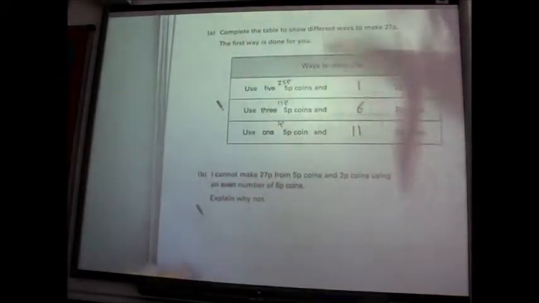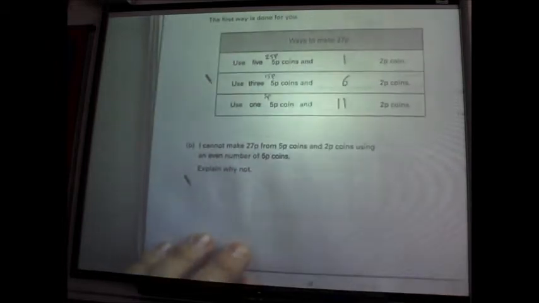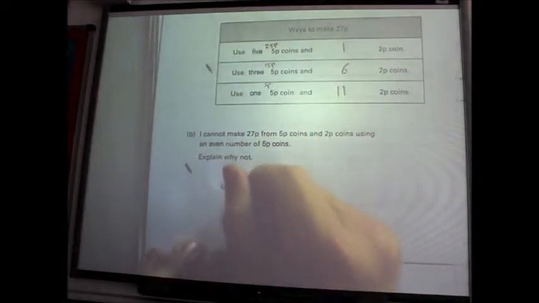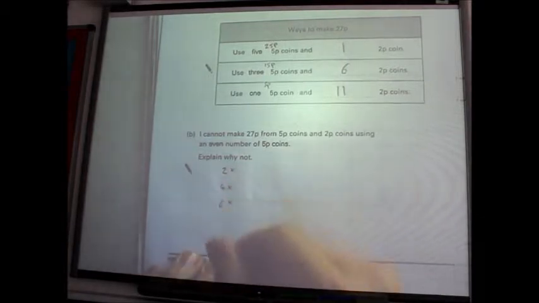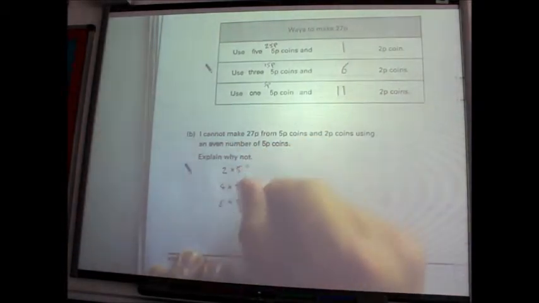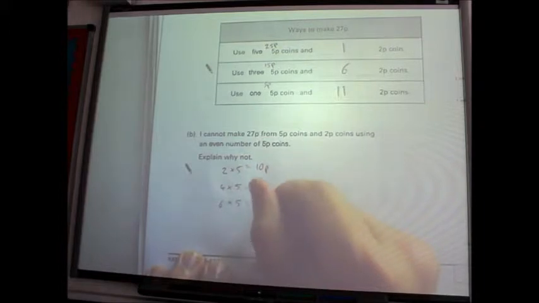I cannot make 27p from 5p coins and 2p coins using an even number of 5p coins. Explain why not. Well, if you use an even number, so that would be either 2, 4, or 6, or 8, or 10, if you times these by 5, the answers are even numbers. So that would be 10p, that would be 20p, and that would be 30p.